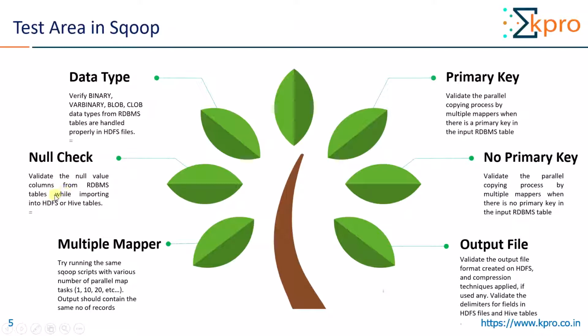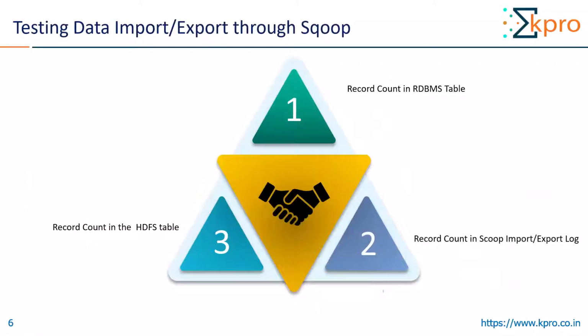If there is any null in the source system, we need to check in the target also that the null is treated as it is. There are some complex data types in RDBMS system like binary, varbinary, blob, clob, etc. We need to check whether those are properly handled in HDFS.